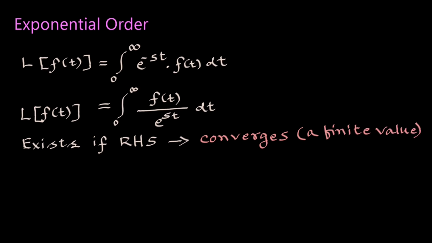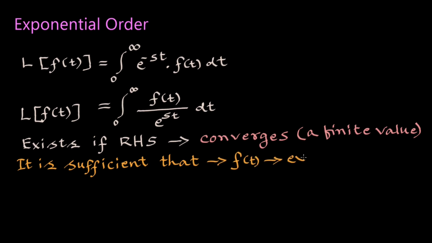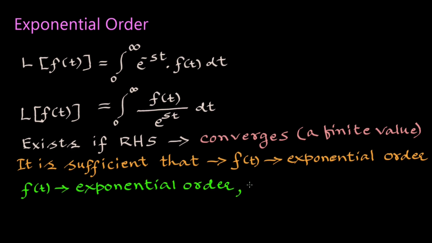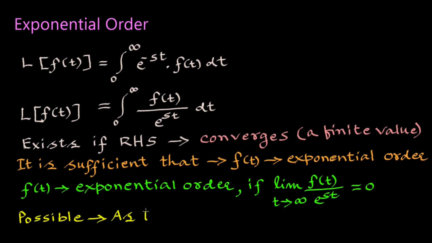For this, it is sufficient that the function f(t) is of exponential order. f(t) is said to be of exponential order if limit f(t) upon e raised to st as t tends to infinity is 0, which is possible as t tends to infinity.